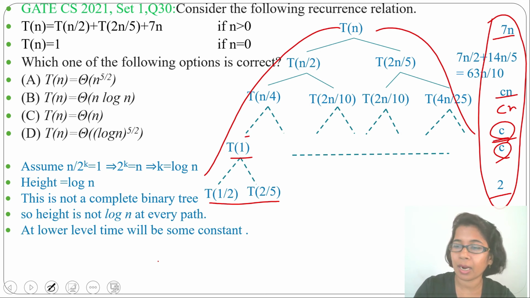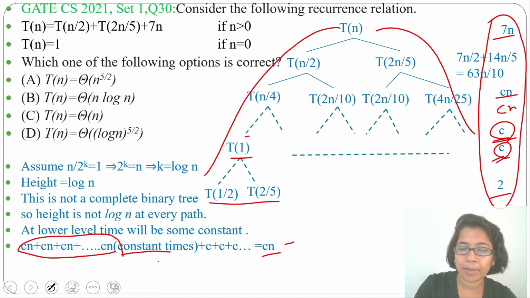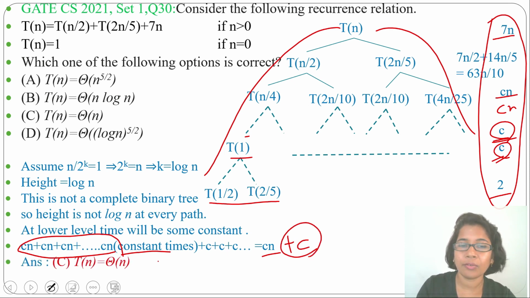After that, we'll add this constant. So it will be Cn plus Cn plus Cn, a constant number of times. Then C plus C plus C, it will also add some constant time. So this addition will be Cn plus some constant. So this constant we will ignore, and time complexity will be theta of n.